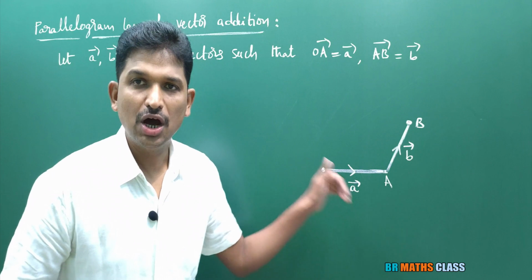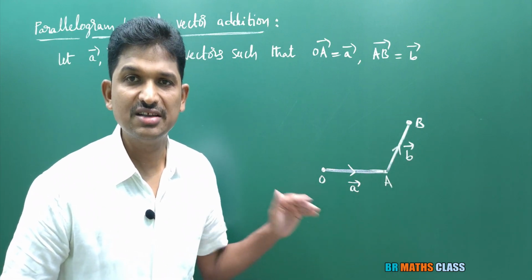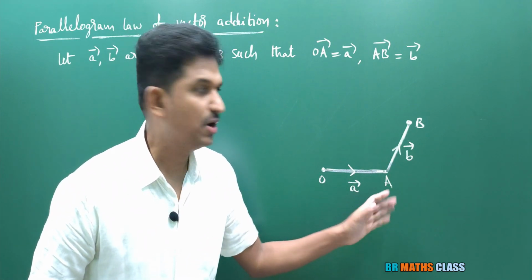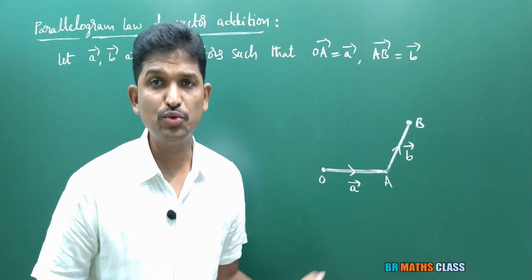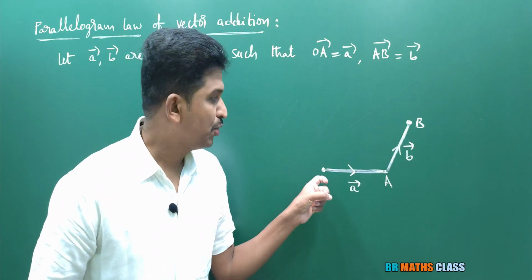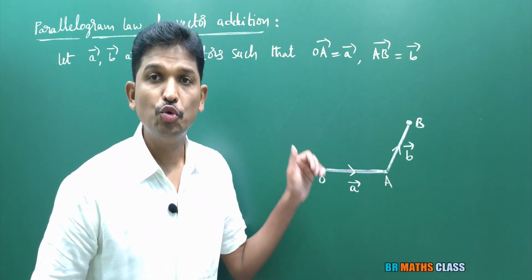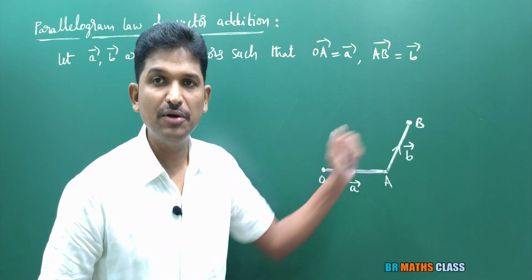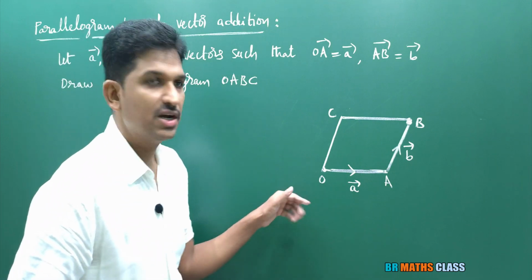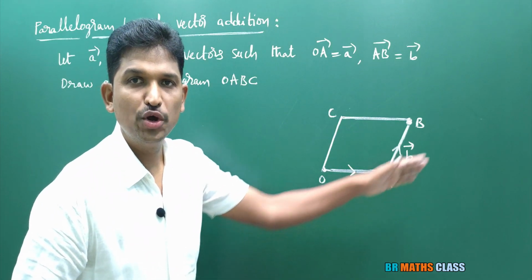This is as usual how we took the vectors in addition of vectors. Now you can observe three points, O, A, B. Now I'll form a parallelogram OABC with the help of these two vectors. You observe here, I drew a parallelogram OABC.